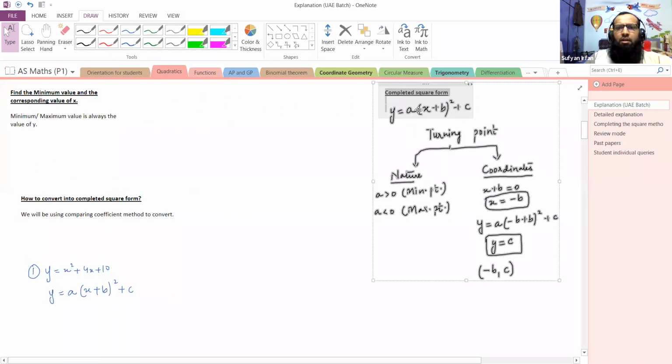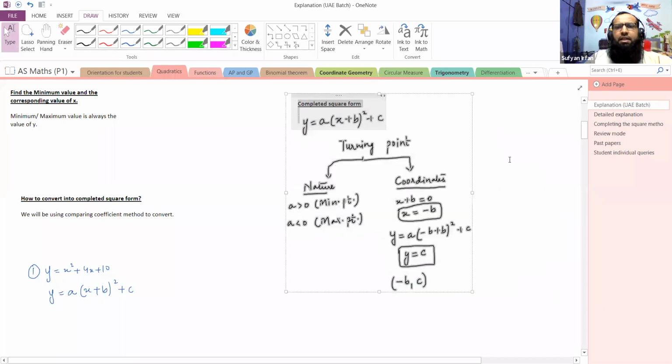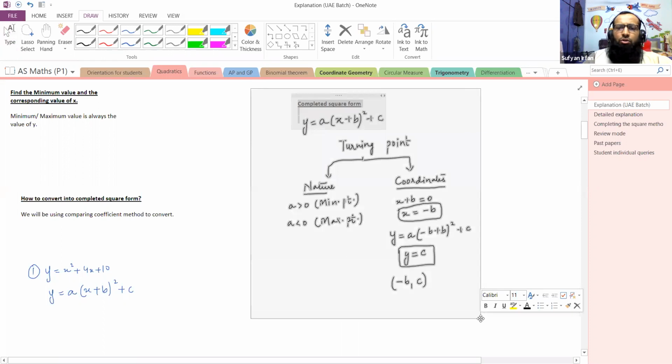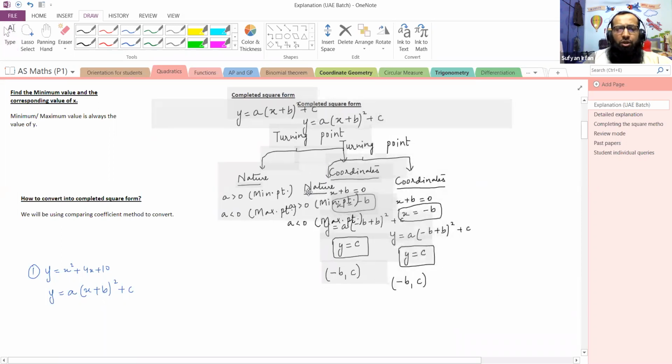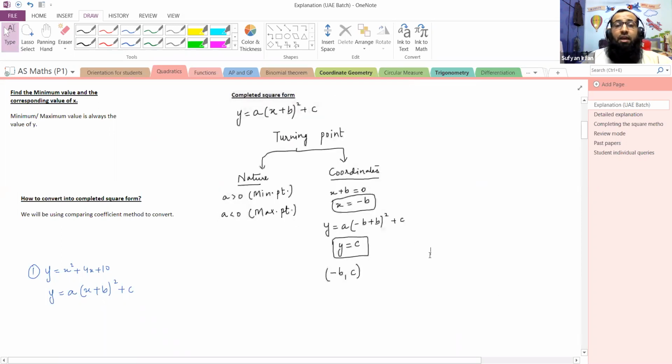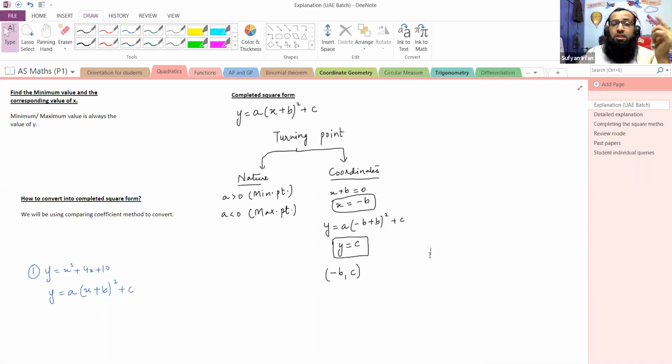All right. Now comes completed square form. How do we convert into completed square form? And how do we interpret completed square form? Two major tasks. Without the conversion to completed square form, can we find the turning point? The answer is yes.